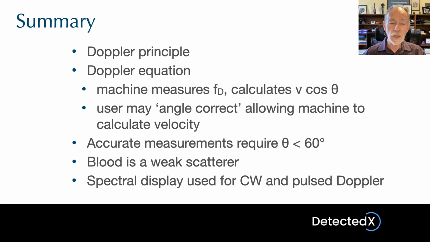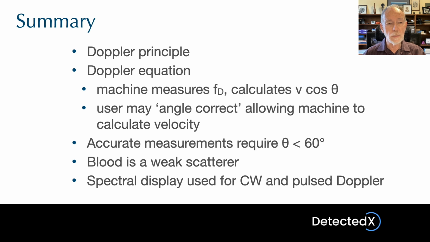So I've just briefly explained the Doppler principle and shown you the Doppler equation and explained that the machine measures Doppler shift and it calculates V cos theta. And then if you angle correct using that cursor, then the machine can calculate velocity from the Doppler shift. I've emphasized that you always need to make sure that the Doppler angle is 60 degrees or less.